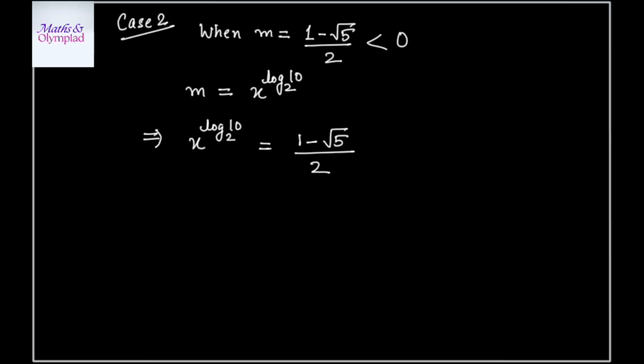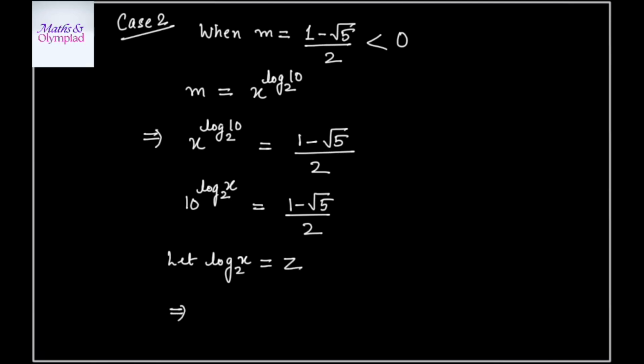Again, I will use the common logarithm law, which says 10 raised to the power log x to base 2 equal to 1 minus root 5 over 2. To simplify further, I suppose log x to base 2 equal to z.